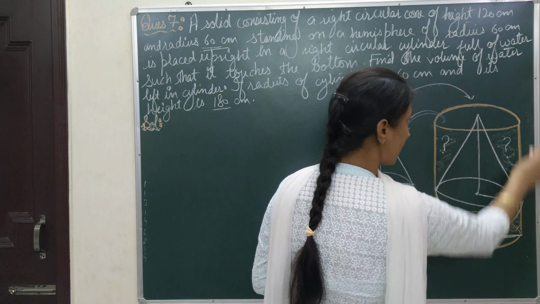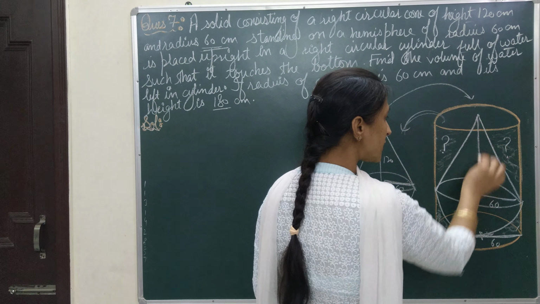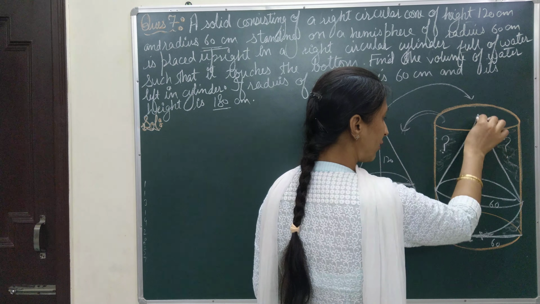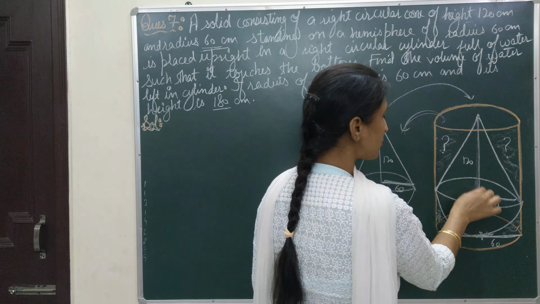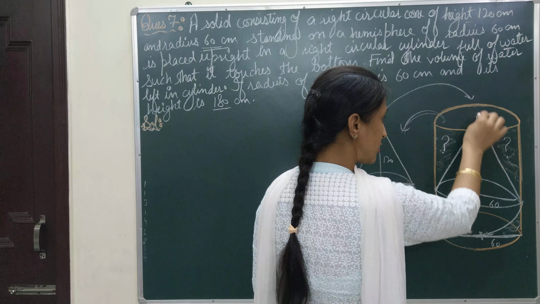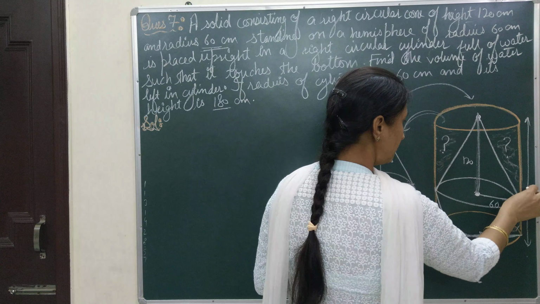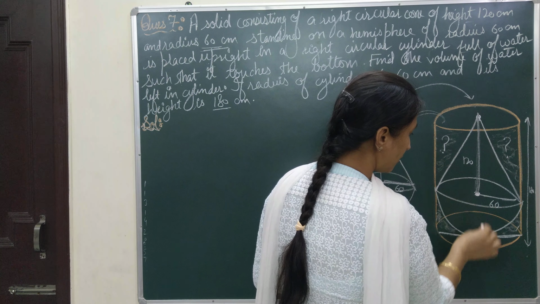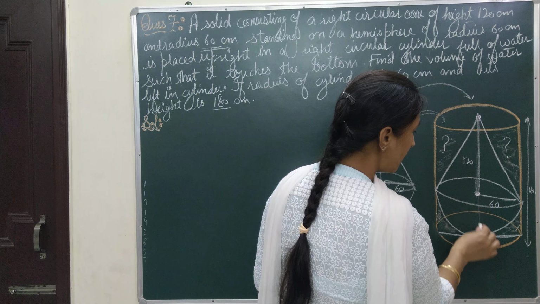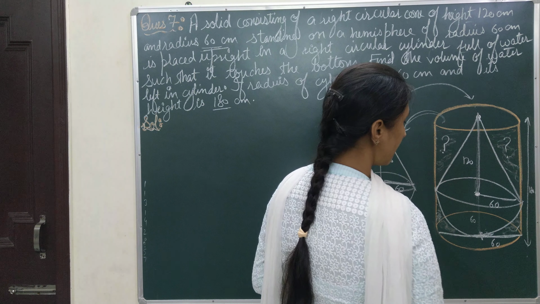This full height is 180 and you are given that this is 120. Height of cone is 120. That means from this position to this position h is given to you, and the full height is 180. So how much will be this? This will be 60 as it is the radius.